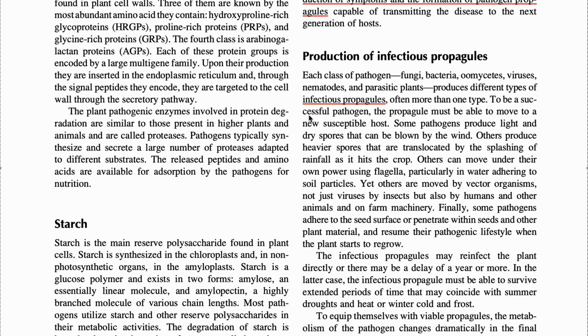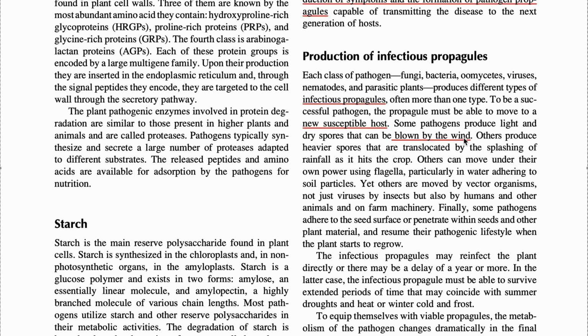To be a successful pathogen, the propagule must be able to move to a new susceptible host. If they will not move to the next susceptible host, then their lineage will stop there, right? So they need to move. So some pathogens produce light and dry spores so that they can be blown by the wind.